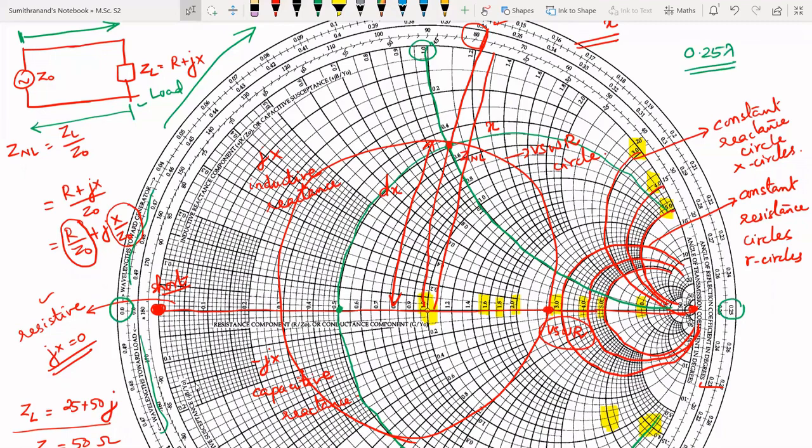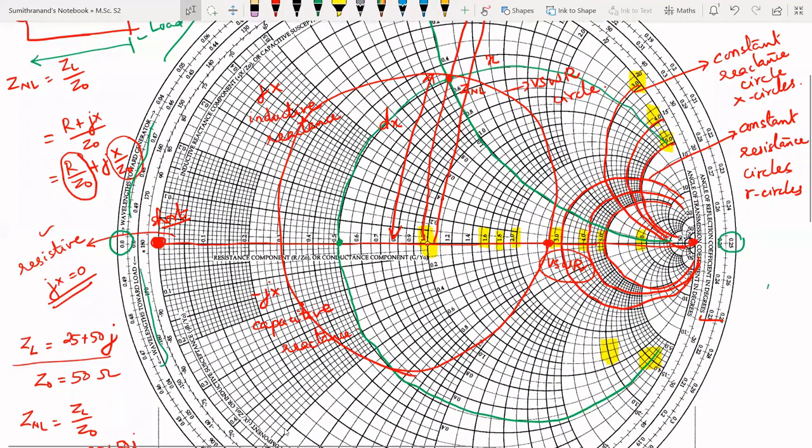One by four of lambda is covered while going through that semicircle. Now, completing this semicircle also, the final value is 0.49. Here it will reach 0.5 lambda. So moving along the complete Smith chart, it will cover a distance of 0.5 lambda or half lambda.